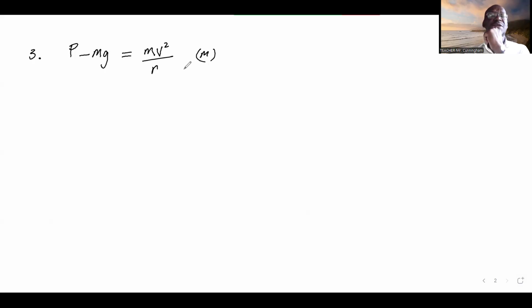All right. Now, the first thing that people did was multiply throughout by r, and they made a mistake. If you're multiplying this first one by r, p minus mg, you have to put it in brackets and multiply by r, right?